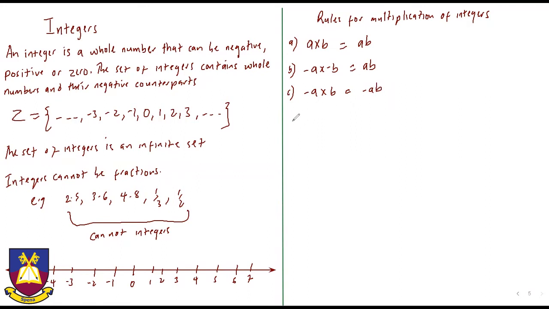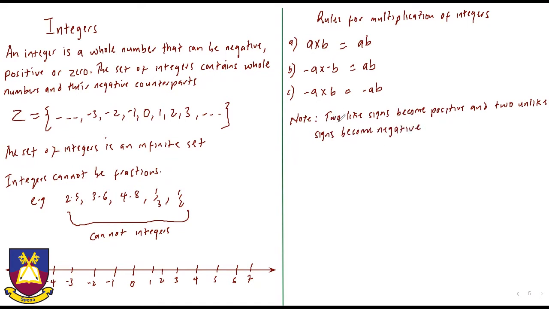We can memorize that like this. We could say two like signs become positive, and two unlike signs become negative.